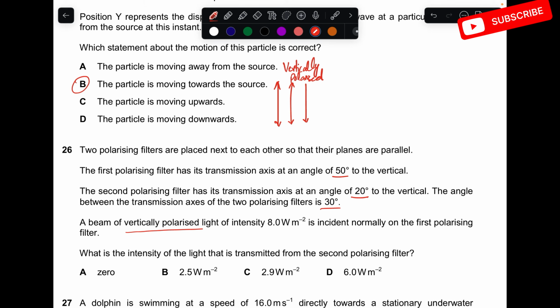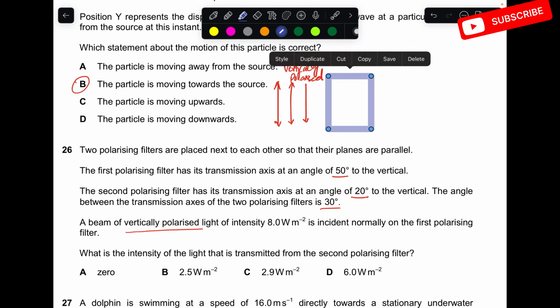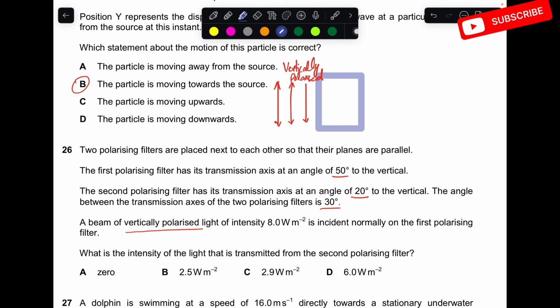It's going to move through the first filter, and this first filter's transmission axis is 50 degrees to the vertical. As the beam is initially vertical, this is 50 degrees.